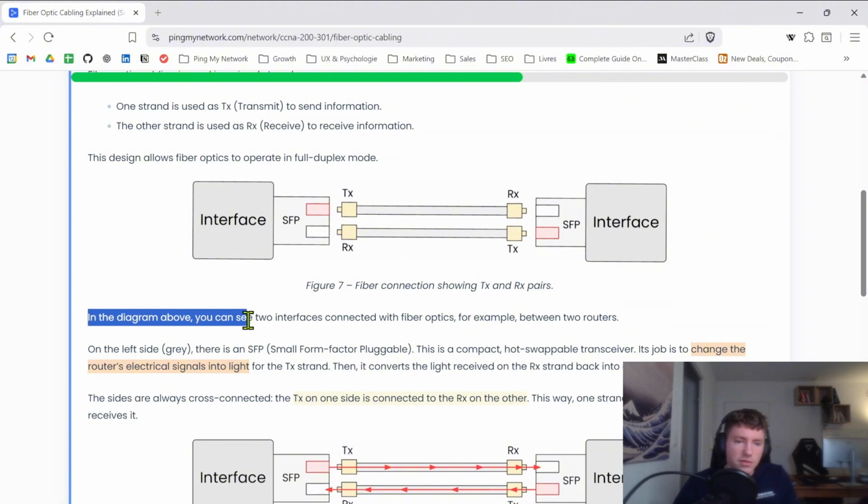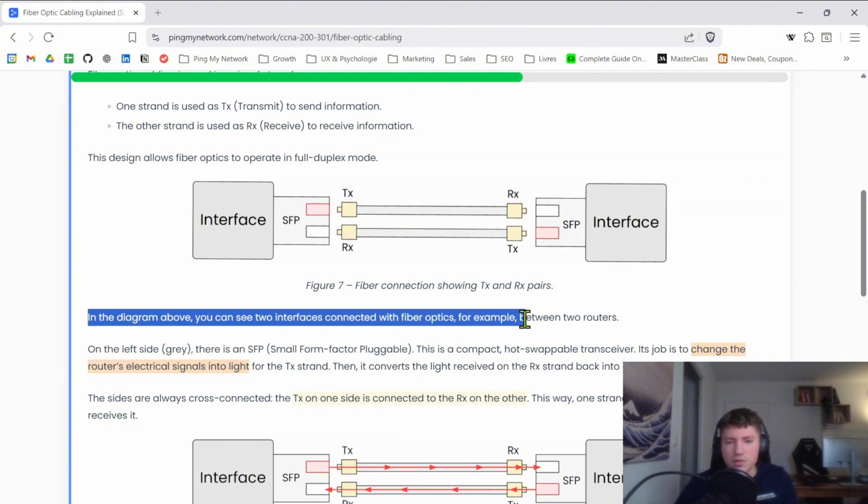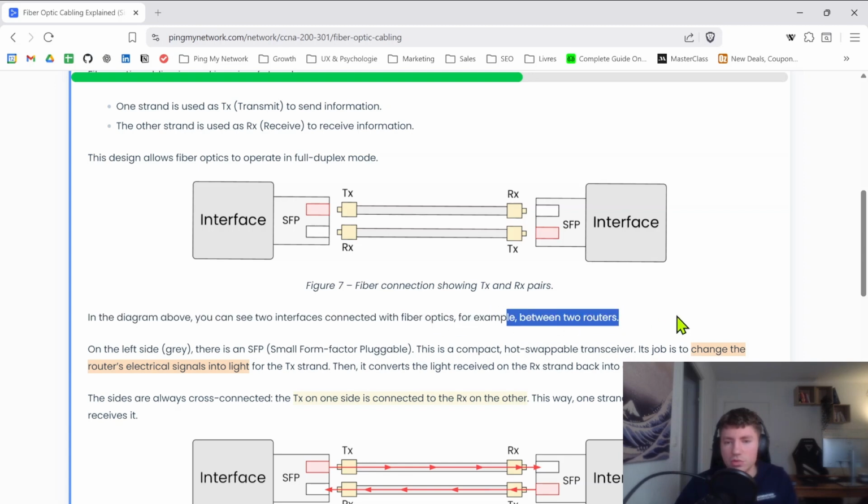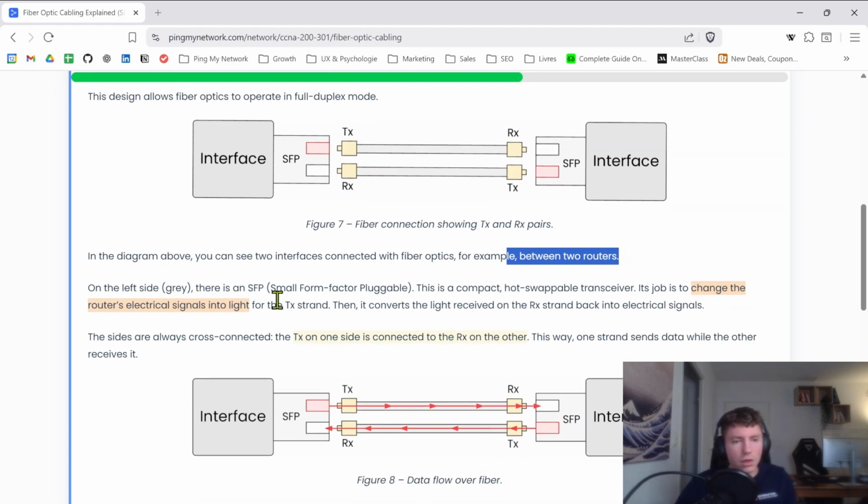In the diagram above, you can see two interfaces connected with fiber optics, for example, between two routers. So one interface, another interface, SFP, transmit, receive. On the left side, gray, there is an SFP.